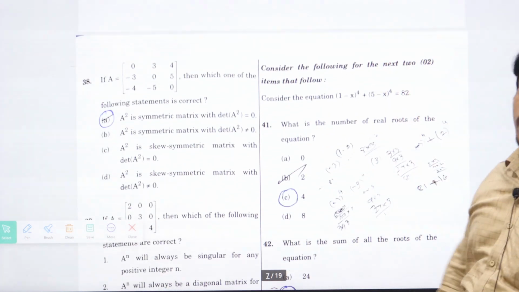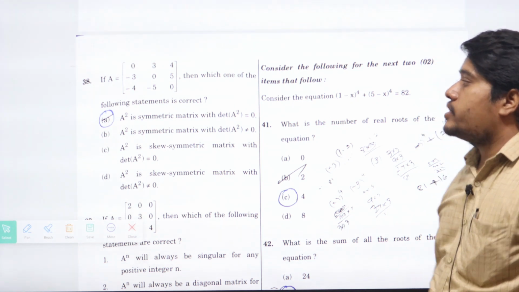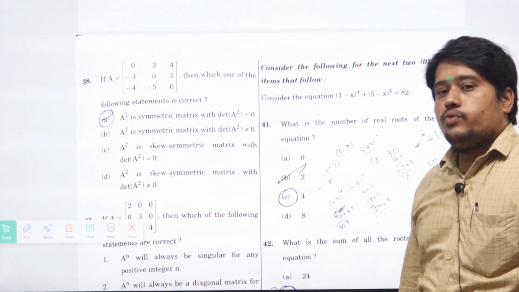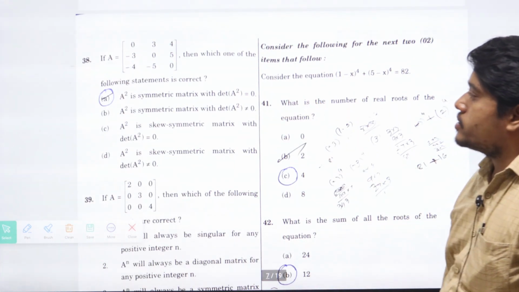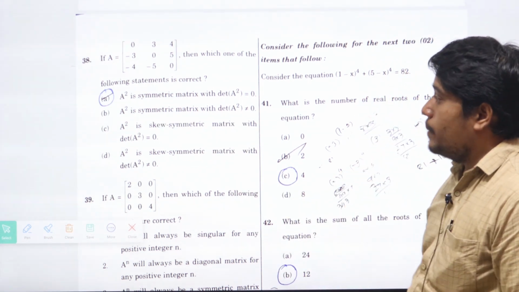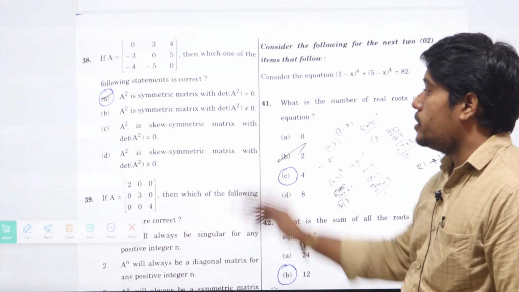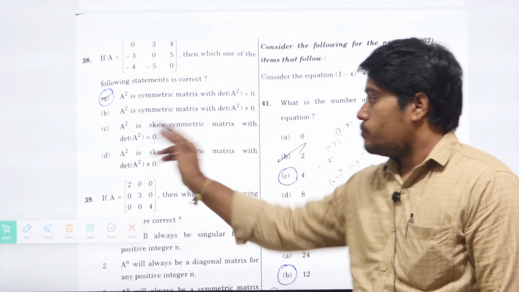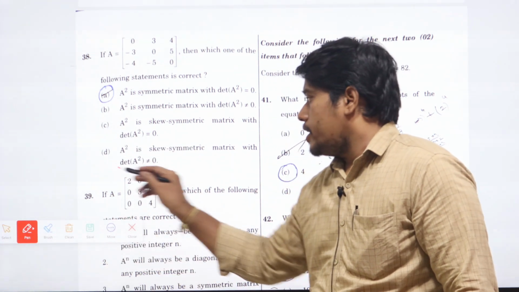So next, question number 38. If A is the matrix 0, 3, 4, minus 3, 0, 5, minus 4, minus 5, 0, then which one of the following statements is correct? The options are: A square is a symmetric matrix, determinant of A square equal to 0; A square is a symmetric matrix when determinant of A square is not equal to 0; A square is skew symmetric, similar idea, determinant of A square equal to 0, and A square is skew symmetric.